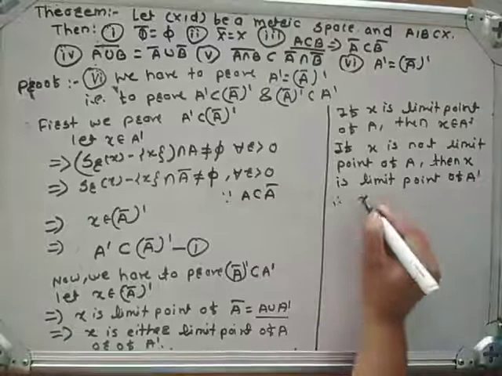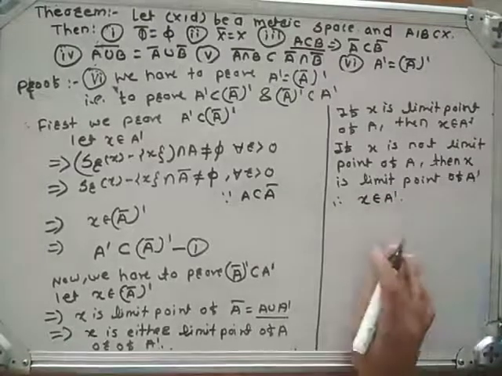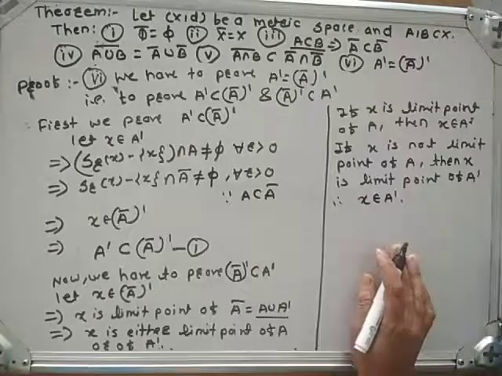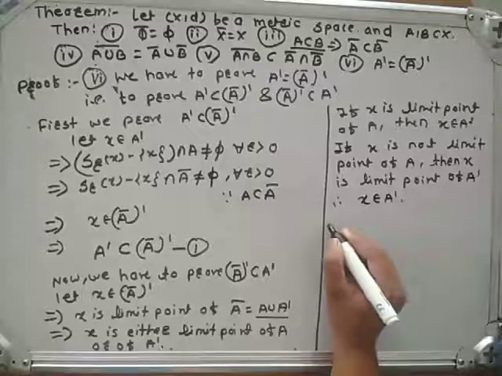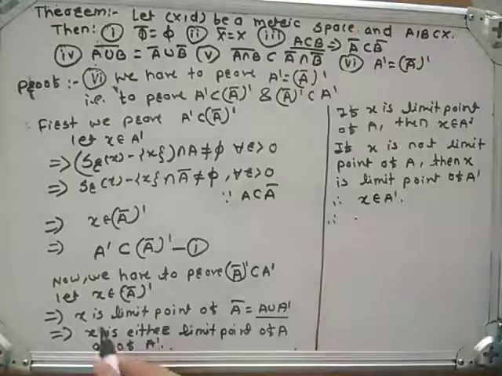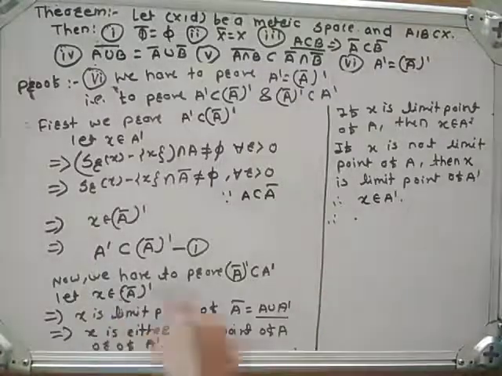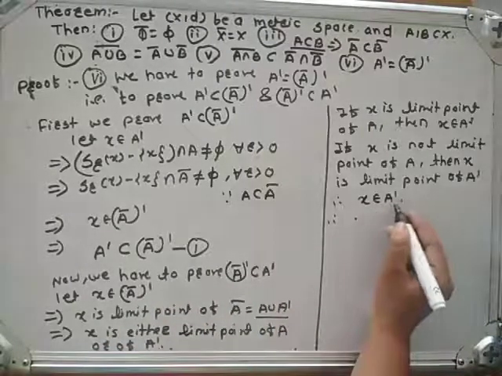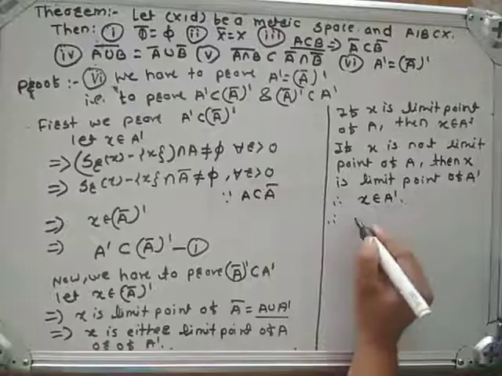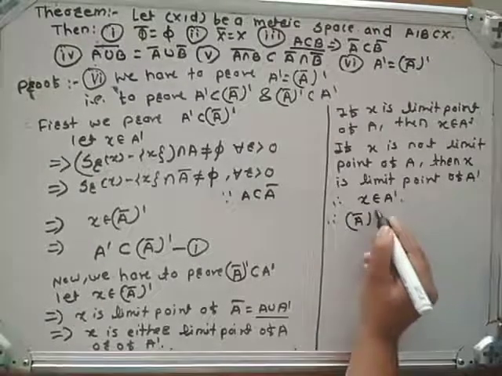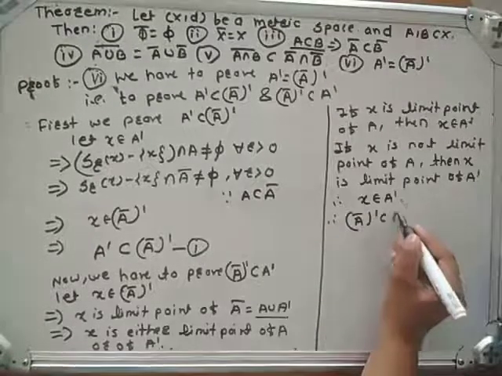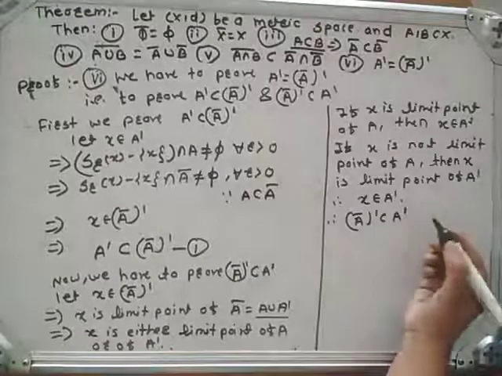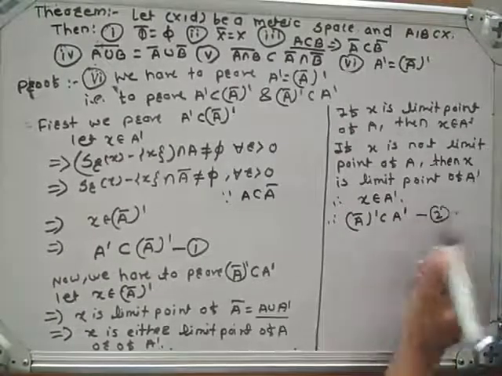Therefore, we get x belongs to A dash. Therefore, we have taken x belonging to limit points of A closure and we obtain x belongs to A dash. Therefore, limit points of A closure is a subset of limit points of A. Call this equation number 2.